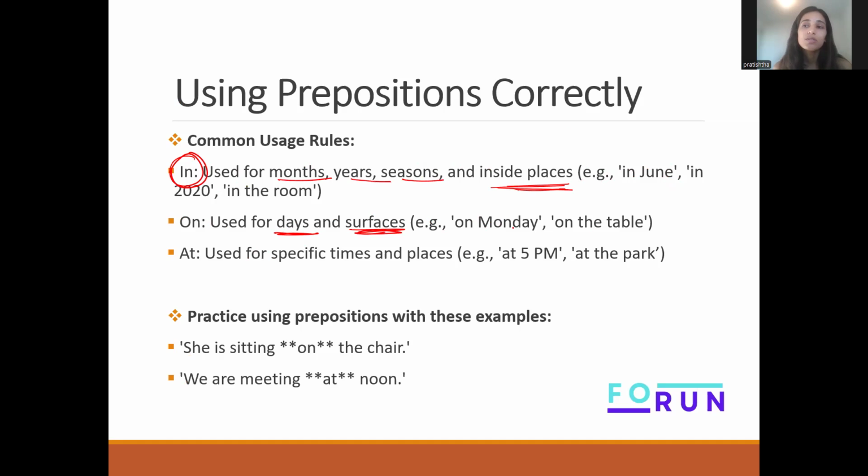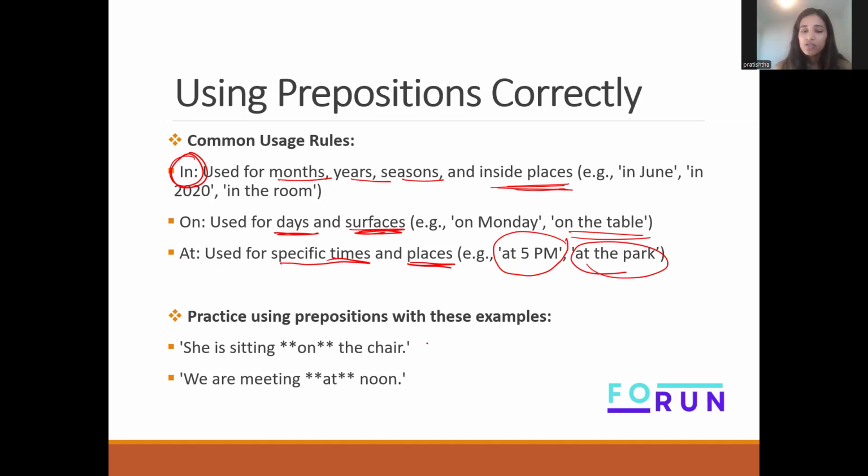So on Monday, on Tuesday, on Wednesday, on this day, on that day, and on the table, on the shelf, on the chair, on the bench, etc. At is used for specific time and specific places. At 5 p.m. is a specific time. At the park is a specific location.